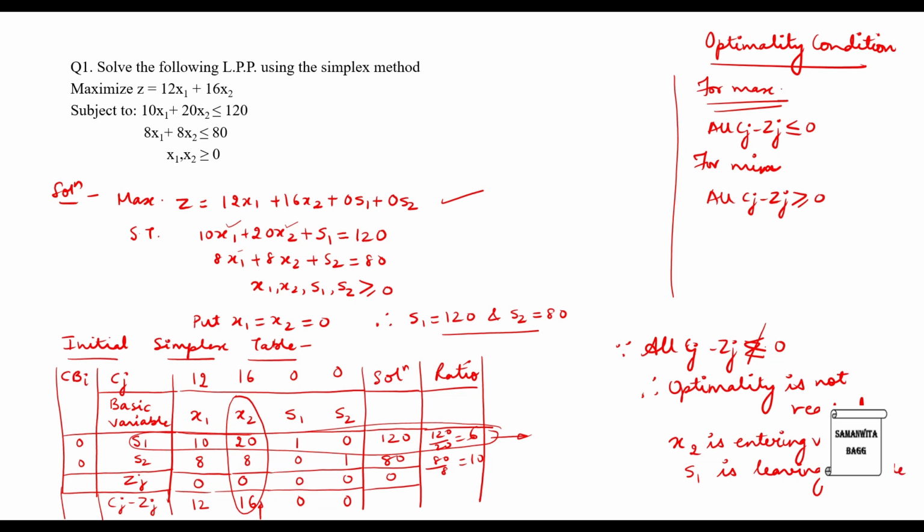Once you have found this, we can now proceed to the next table. This will be my iteration 1. You can get the optimal solution at this stage, or it is possible that you may have to iterate once more. It depends. We will see how the solution proceeds.